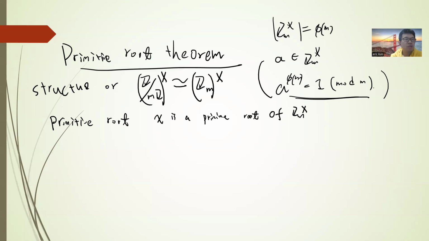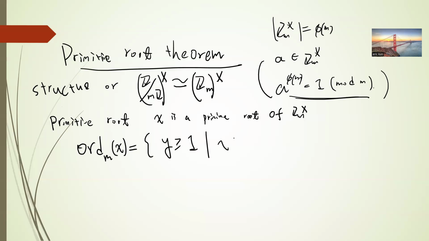From here I can define an idea called the order, with notation order_m(x). It is defined as the minimum y greater than or equal to 1 such that x to the y is 1 mod m.